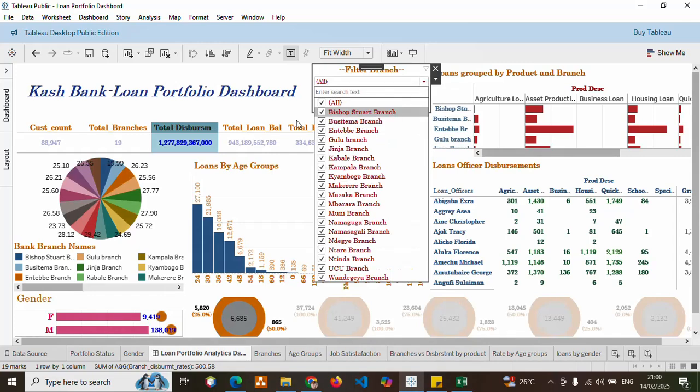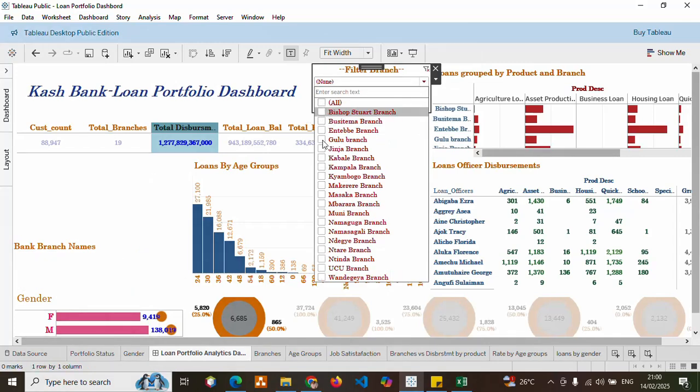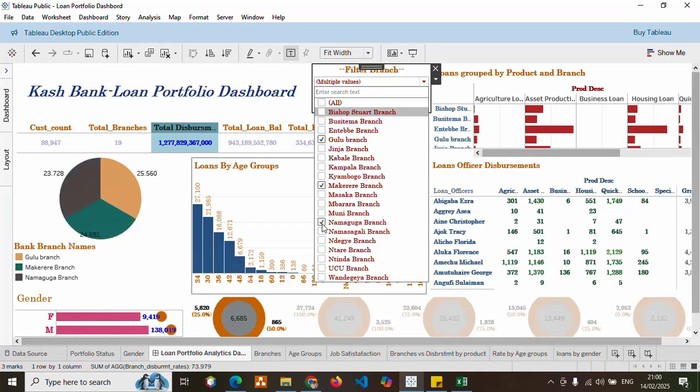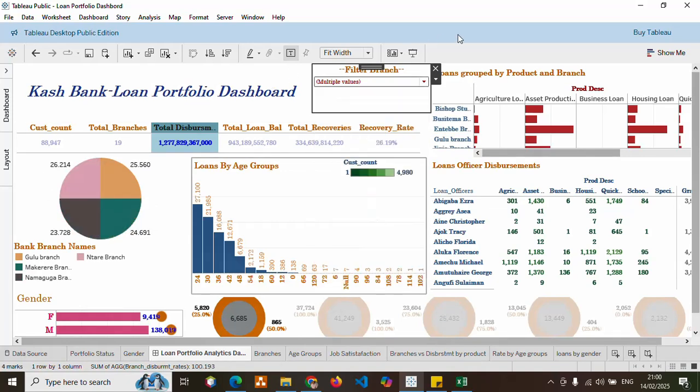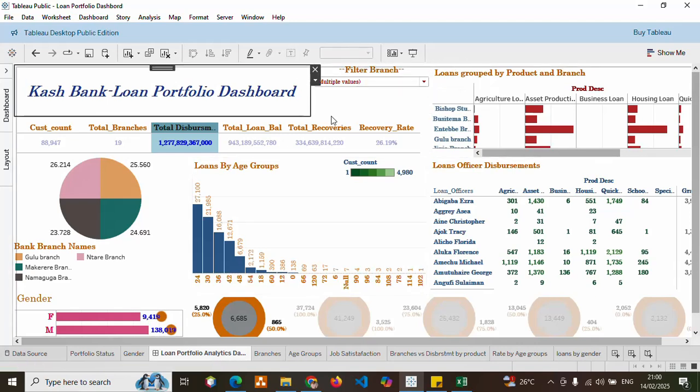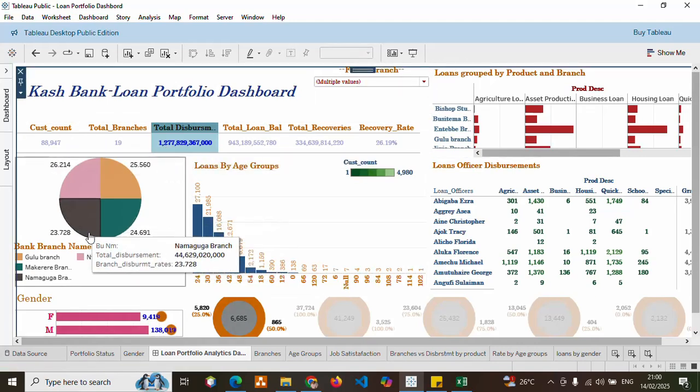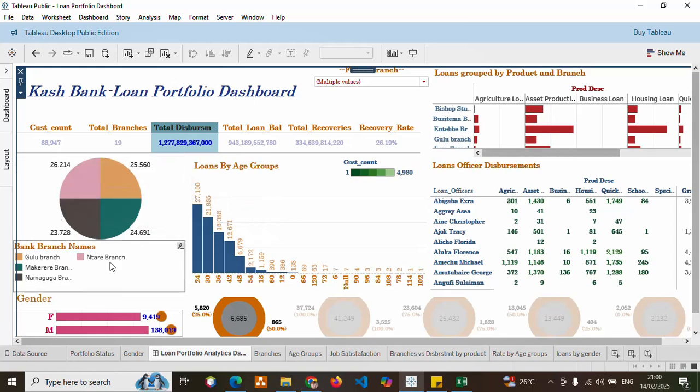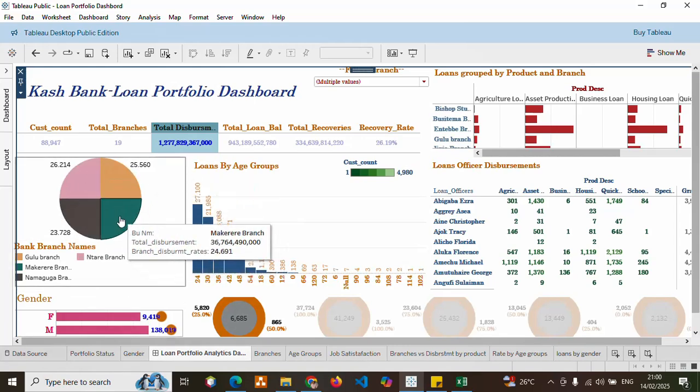If I remove all and select specific ones, they should as well give me the position that they stand in. Using this pie chart, I am able to see how many disbursements there are for these filtered branches.